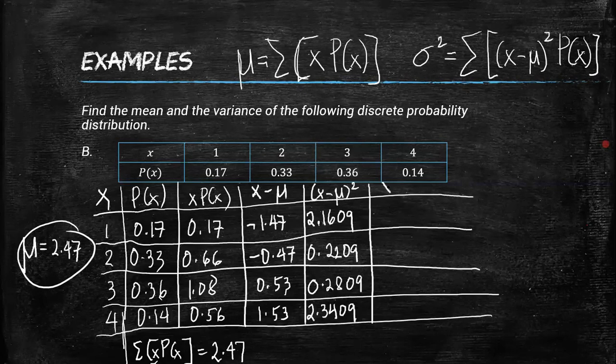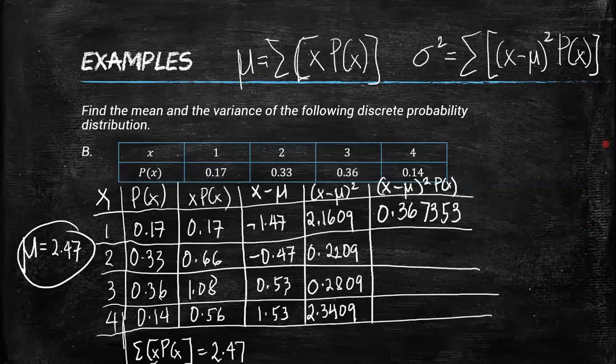Okay, yung value natin sa x minus mu squared, i-multiply naman natin ngayon ng p of x. So 2.1609 times 0.17. Yung p of x hindi yung may x. So that would be 0.367353.